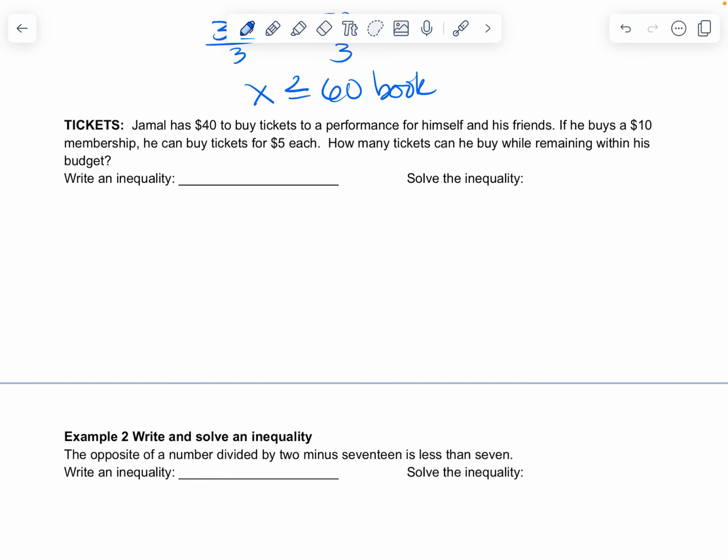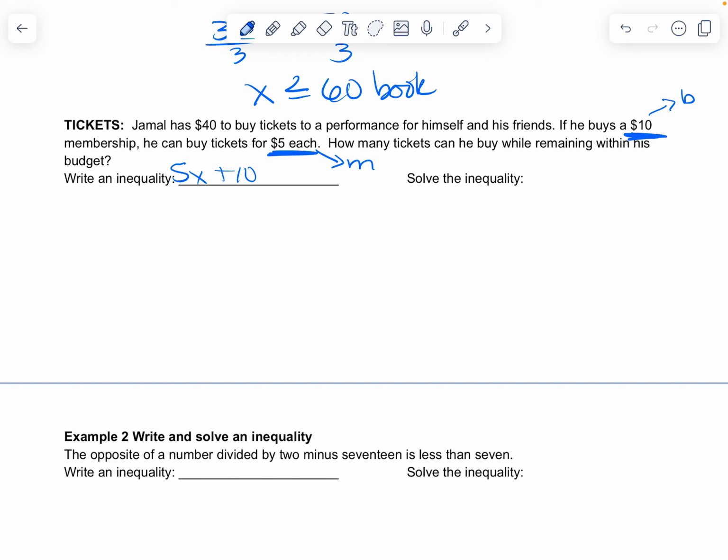Okay, Jamal has $40 to buy tickets to a performance for himself and his friends. He buys a $10 membership, spends $10, and he can buy tickets at $5 each. So this right here is going to be my B value. This is going to be my M value. So 5x plus 10.